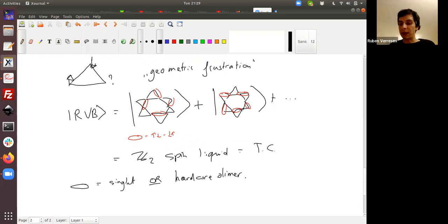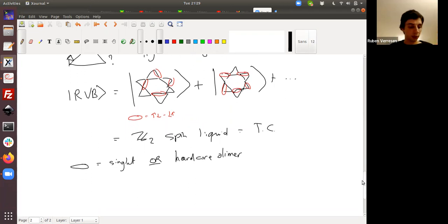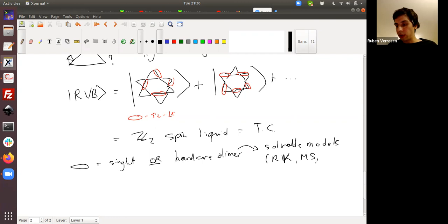By definition, for these hardcore dimers, different coverings are orthogonal. Even though it seemed like a minimal change, this was very useful in writing down solvable models, which helped to solidify the concept of spin liquids in the early days. In particular, Rokhsar and Kivelson, Moessner and Sondhi, Misguich, Serban and Pasquier. There's a lot of research in that direction.